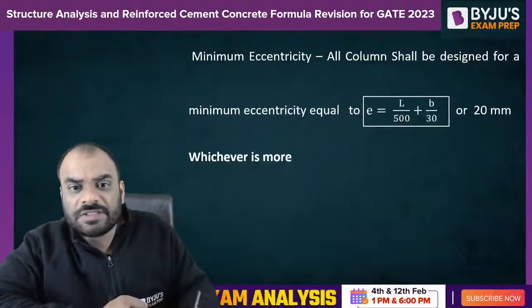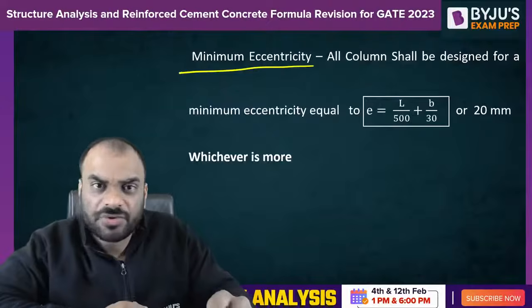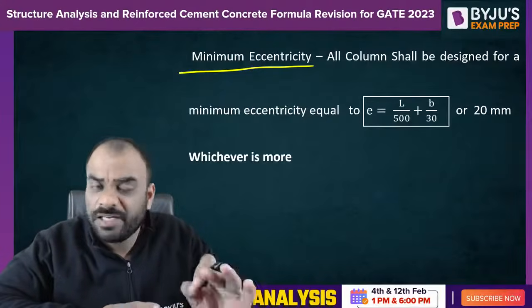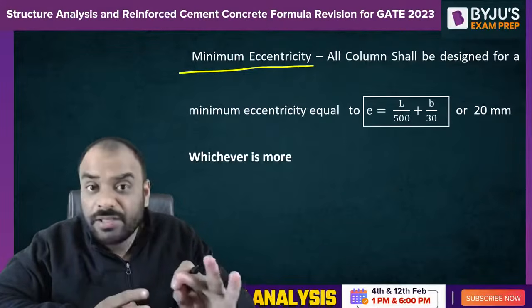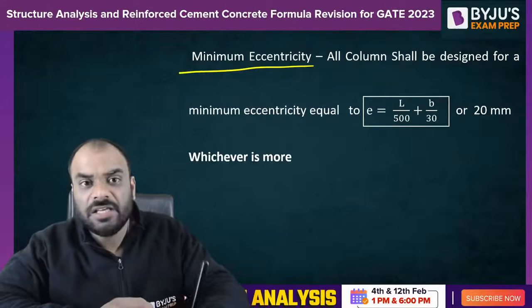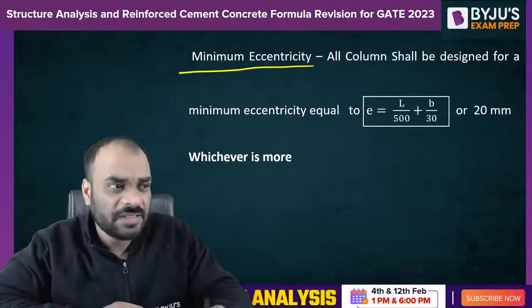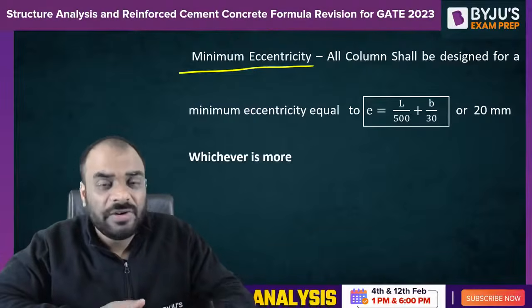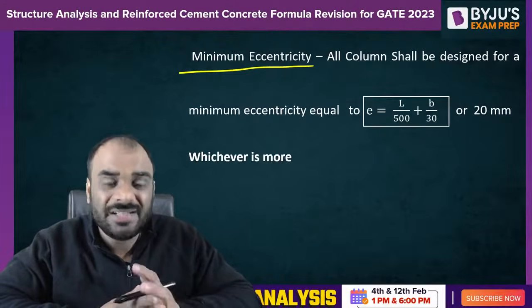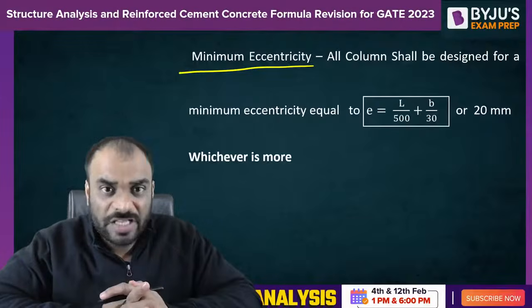Okay. Now what is the minimum eccentricity formula? You know, guys, it is not practically possible to apply the load exactly along the longitudinal axis of the column. That means a certain eccentricity is still there while loading the column, and due to that eccentricity we need to check that particular value as per the IS code.